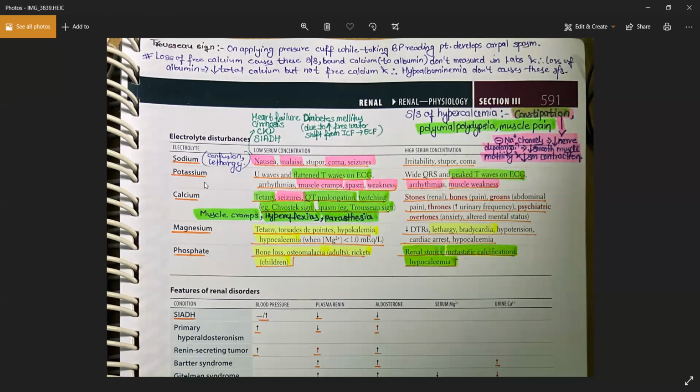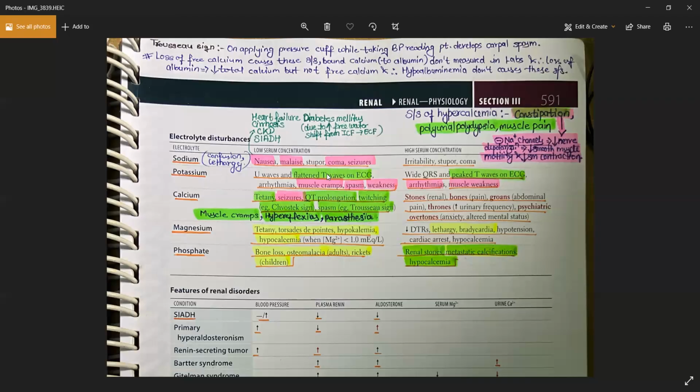For potassium, with hypokalemia, you will get flattening of the T waves. Because of these low potassium levels, you can also have QT prolongation. Remember, low calcium and low potassium can cause QT prolongation.